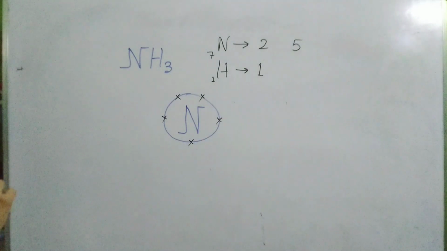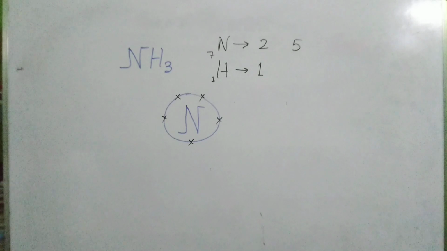In order to have the stable electronic configuration like that of neon, it must have 3 more electrons in its outermost shell, so it has to acquire a further 3 electrons. As I have said, it is more difficult to give away those 5 electrons than to accept 3 electrons.